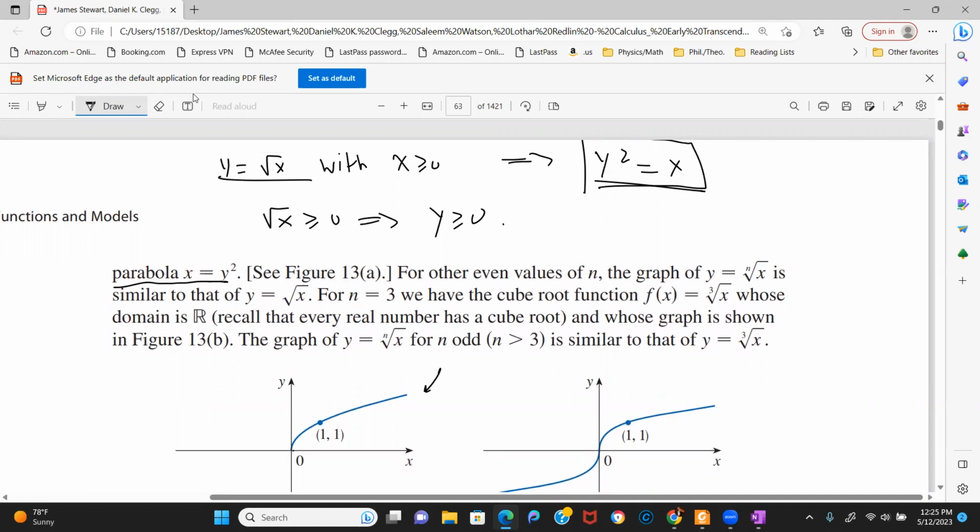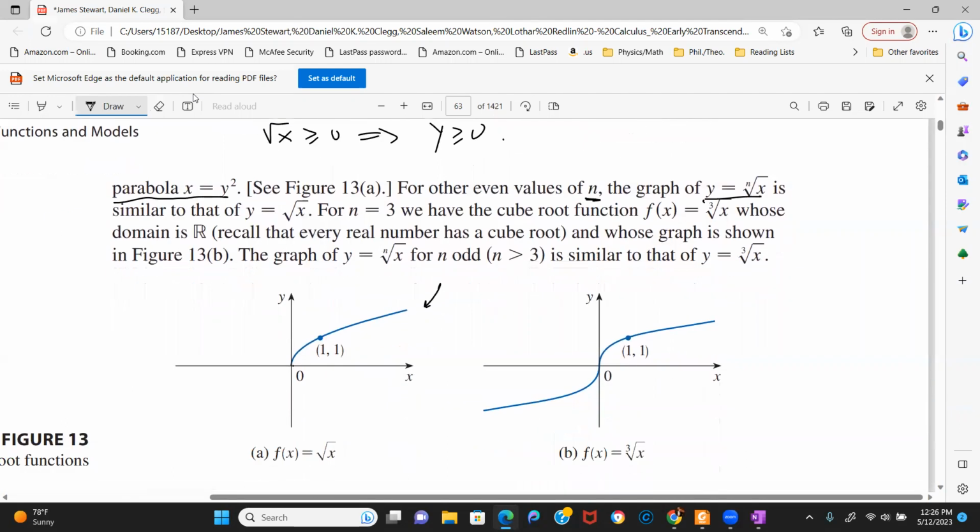So now we get the same sort of dichotomy we do with the power function. When the values of this exponent are even, this function basically looks like the square root of x. Just like with x squared, x to the 4th, x to the 6th, they all look the same basically.